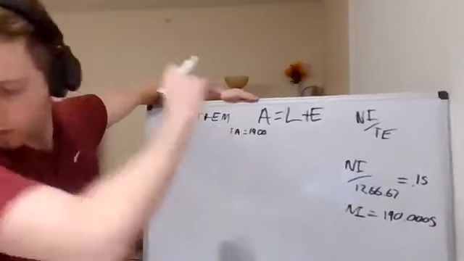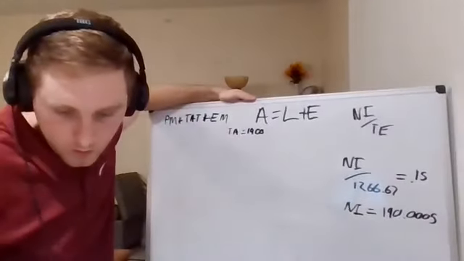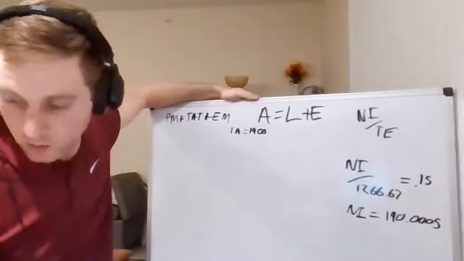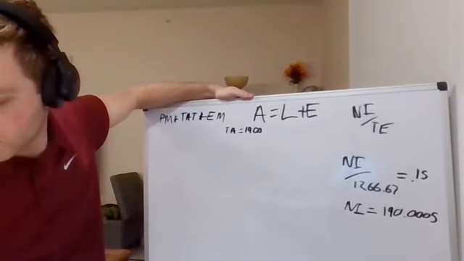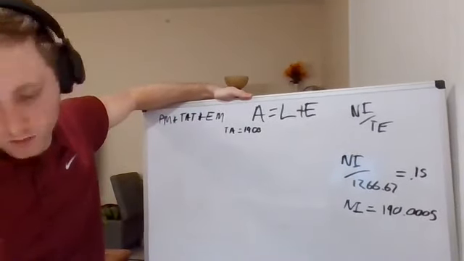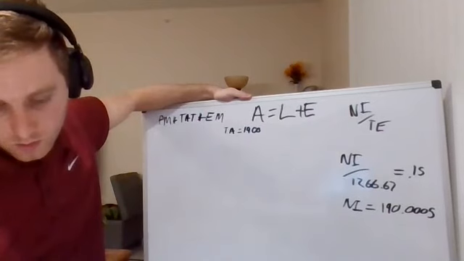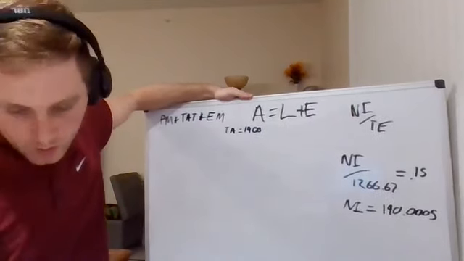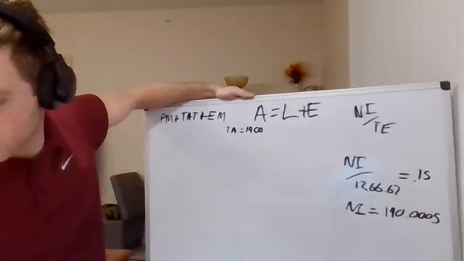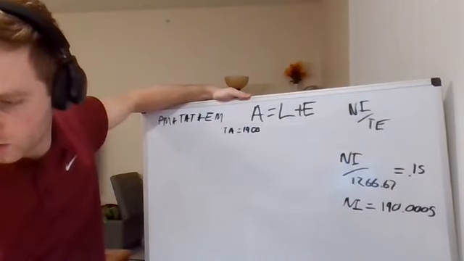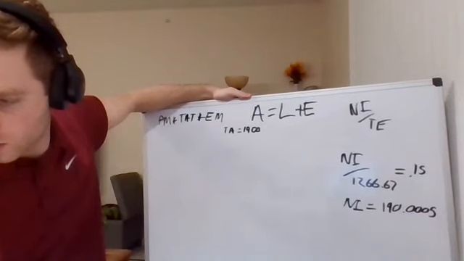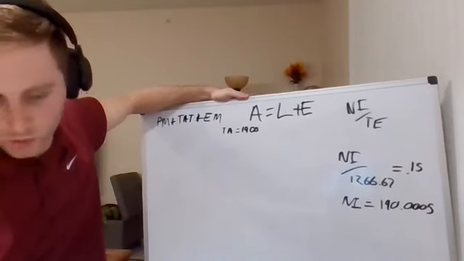So we know our equity multiplier, 1.5. It's return on equity, net income divided by total equity.